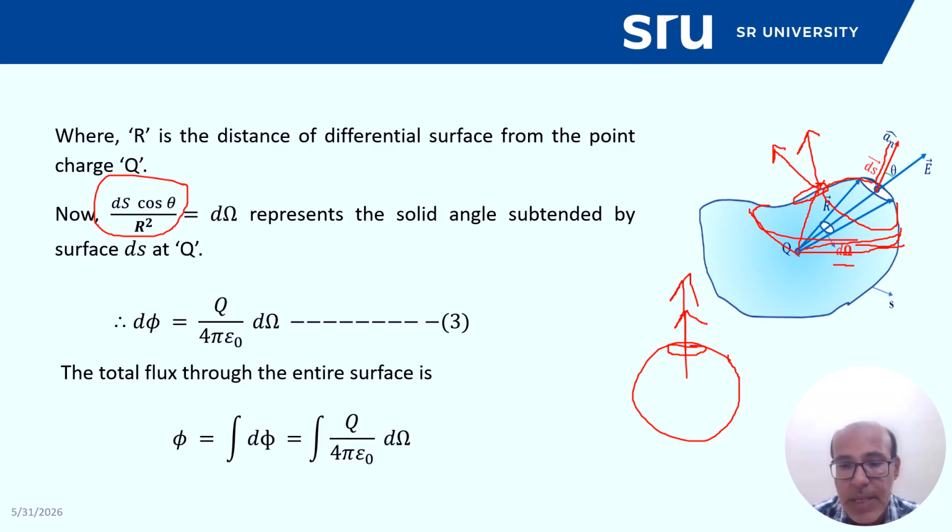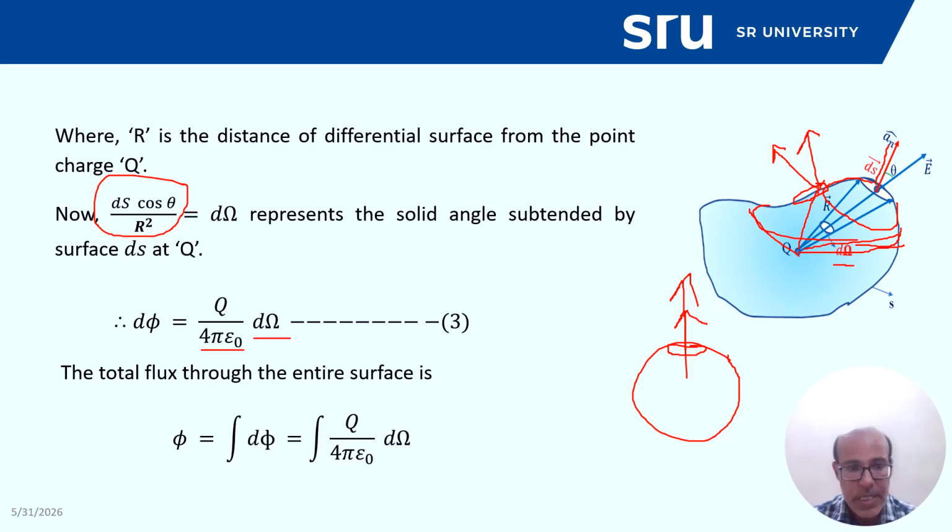If you integrate d omega, initially the solid angle subtended is small, then it increases. If you consider the total surface area of the closed surface, then it becomes the total solid angle. Initially, in place of ds cos theta by r square, we have written d omega, and the rest, q by 4 pi epsilon naught, remains the same.